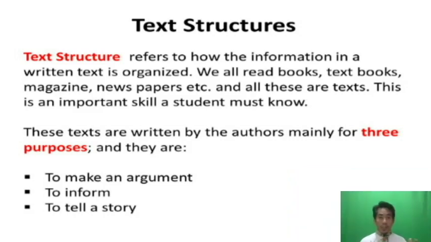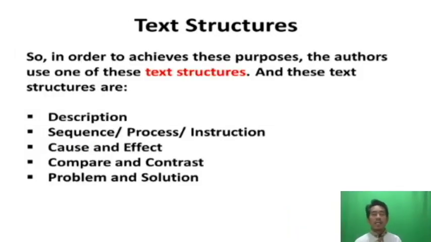In order to achieve these purposes, the authors or writers use one of these text structures. And these text structures are first, description, second, sequence, process, instruction, third, cause and effect, fourth, compare and contrast, fifth, problem and solution. These are the five different text structures.